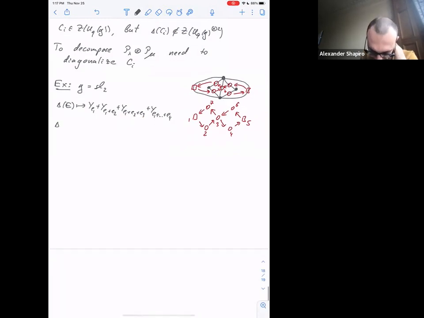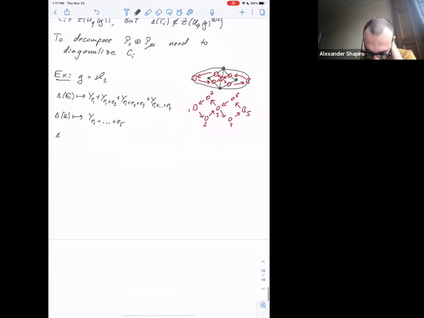So delta of K similarly will be just the product YE1 plus dot dot dot plus E5. And as before, delta of F is just theta of delta of E, meaning that I just need to rotate this picture 180 degrees. And so delta of F will be this times product of these two, plus product of these two, plus product of these three, plus product of these four.